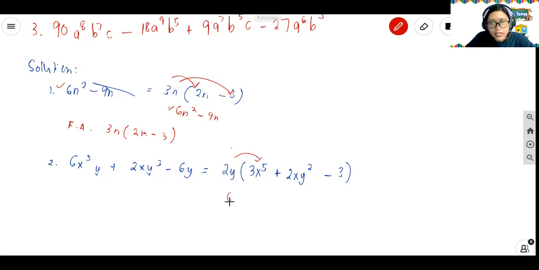So we have 6x to the fifth y, plus 4. Should use xy squared.